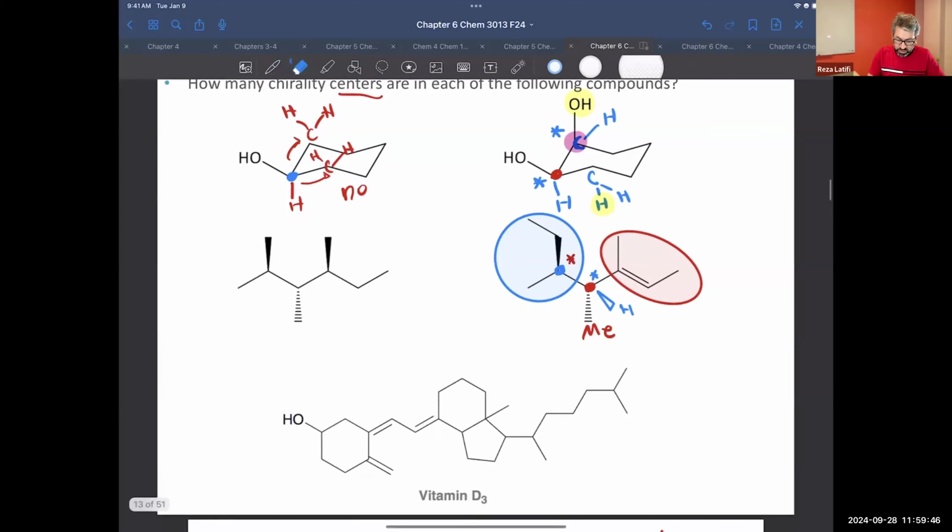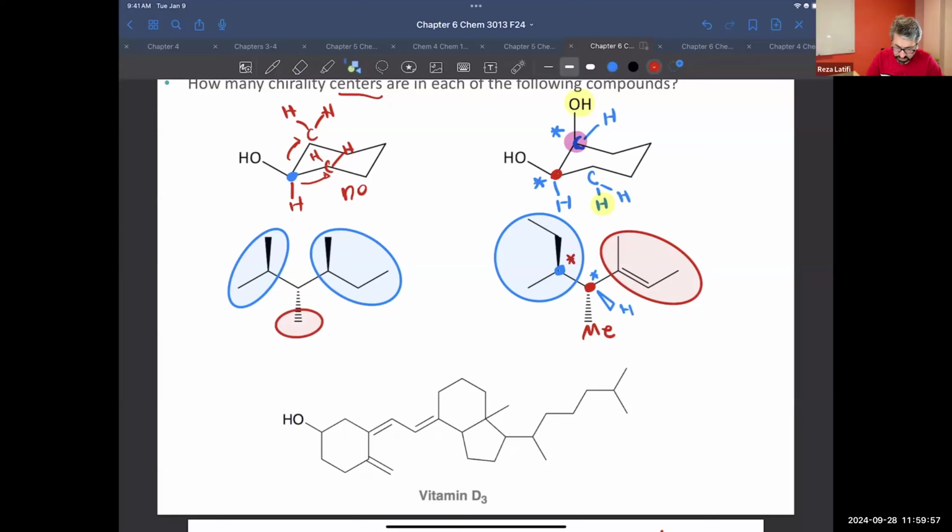Left side here, what do we have? We have one substituent here, a second substituent here, and we have a methyl. So the three substituents are different. The fourth one is going to be hydrogen. So that carbon is a stereocenter, or chiral center.